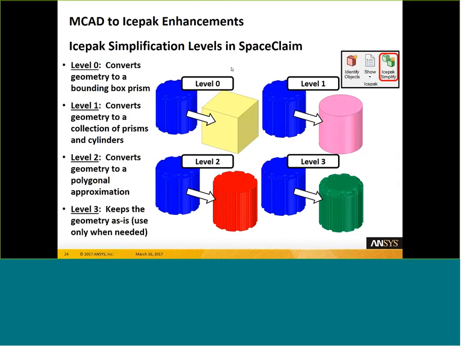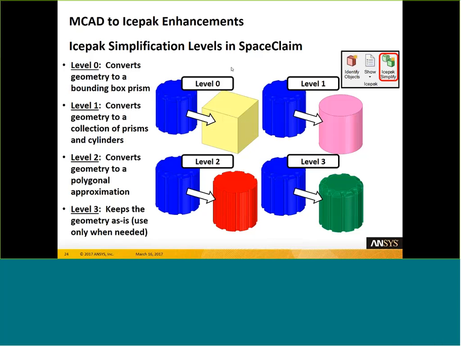SpaceClaim now has these simplification levels, which were also a core feature in the Design Modeler CAD workflow to IcePack. So it's the same type of concept. You have 4 different levels. Level 0 converts geometry to a bounding box prism. Level 1 converts geometry to a collection of prisms and cylinders. Level 2 converts geometry to a polygonal approximation.